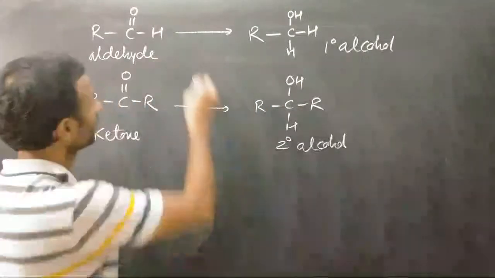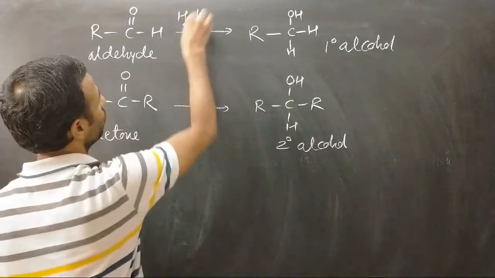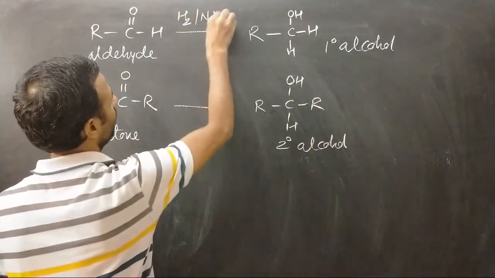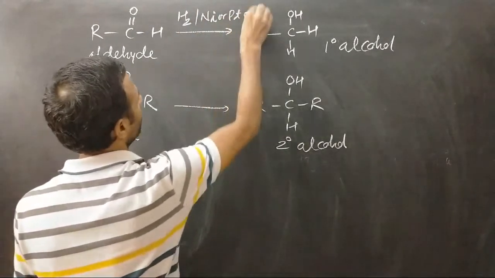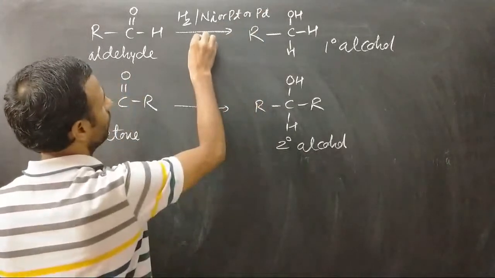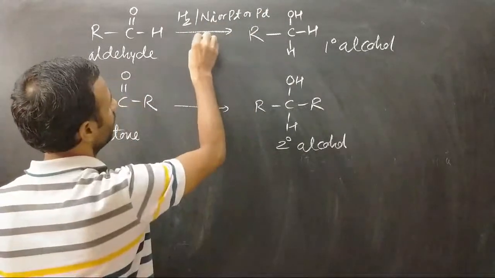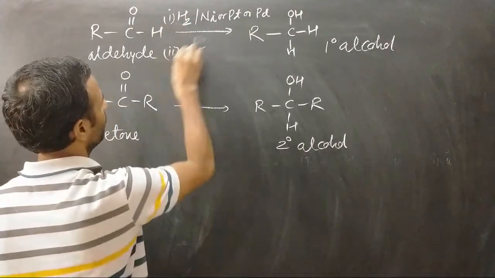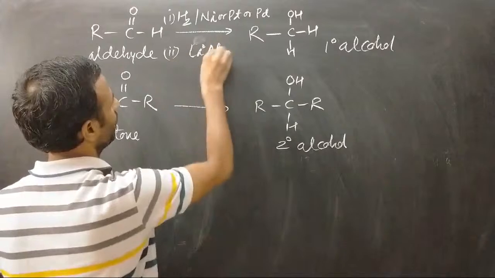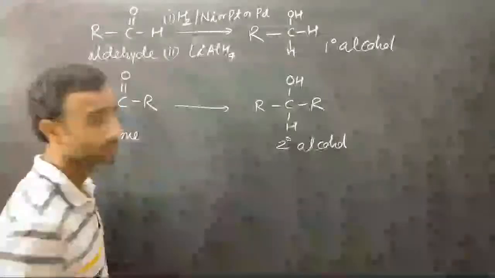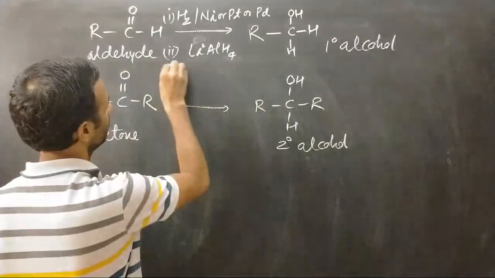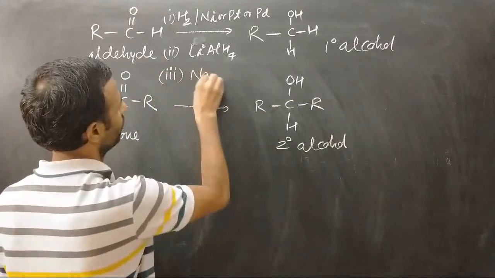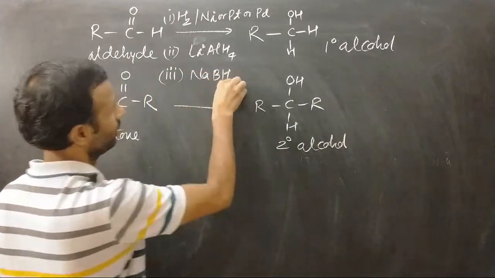And the reducing agents used are H2 with nickel, platinum or palladium. Or instead of this, we can use lithium aluminum hydride or sodium borohydride.